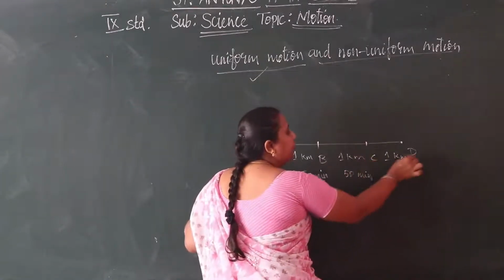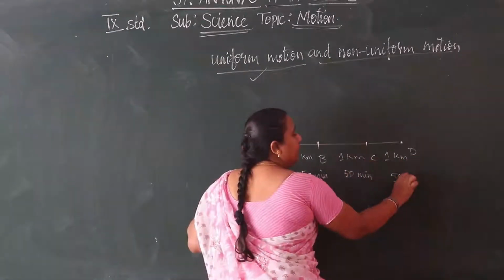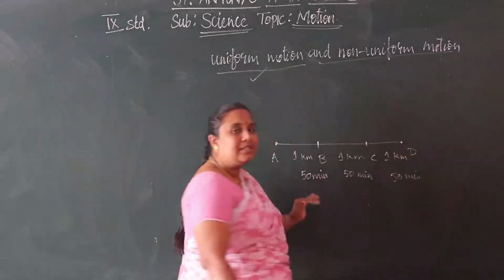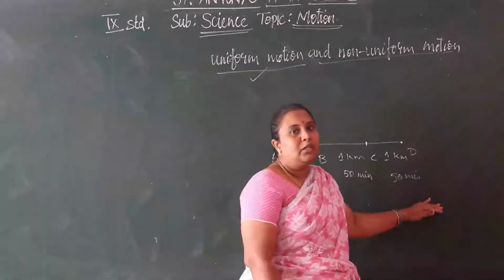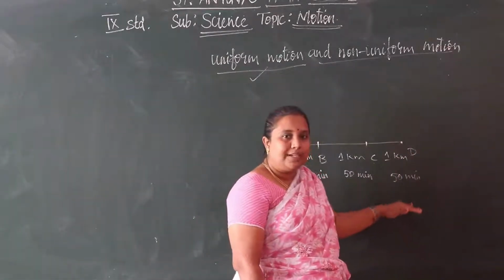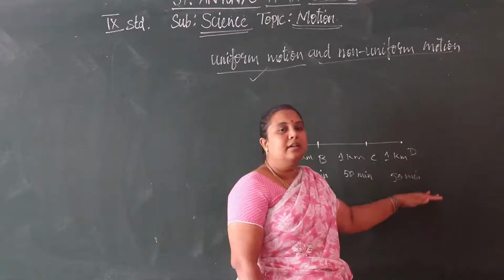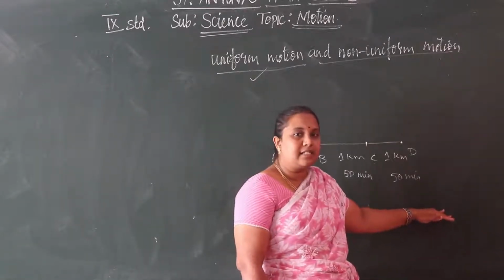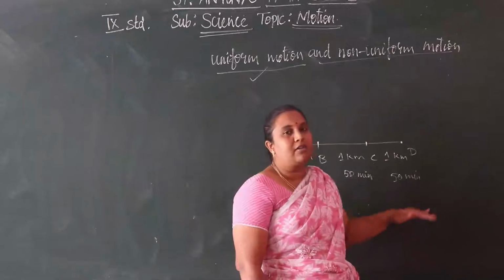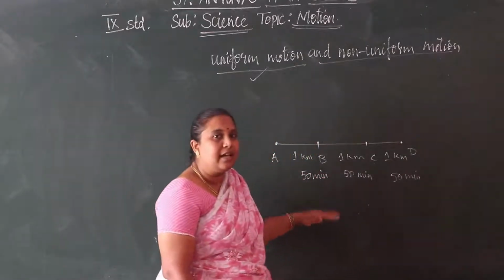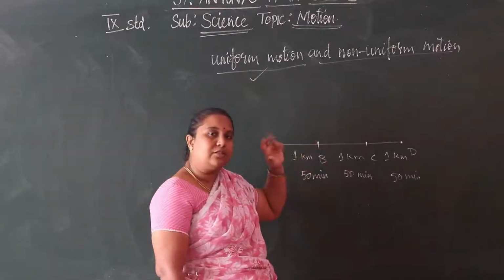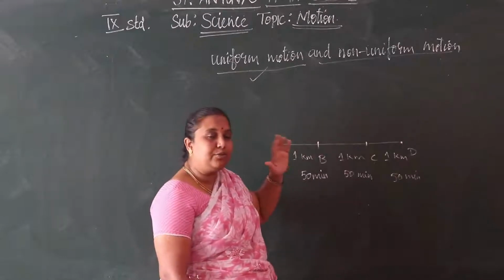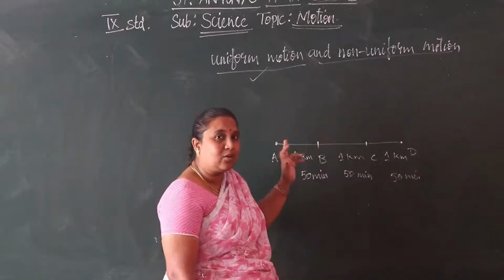And C to D is also the same, 15 minutes. So we can say this is uniform motion. When a body travels equal distance in equal intervals of time, we can say it is uniform motion.